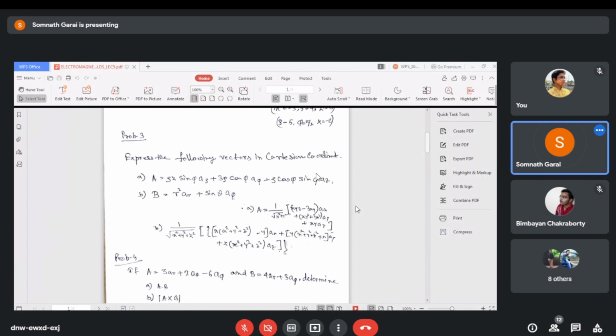Then determine the Cartesian components Ax, Ay and Az. And after the determination of Ax, Ay and Az, then you write the vector field: capital Ax into small ax plus capital Ay into small ay plus capital Az into small az.